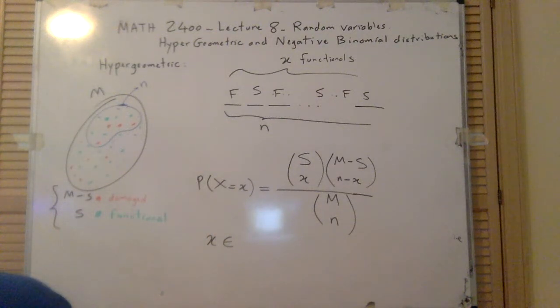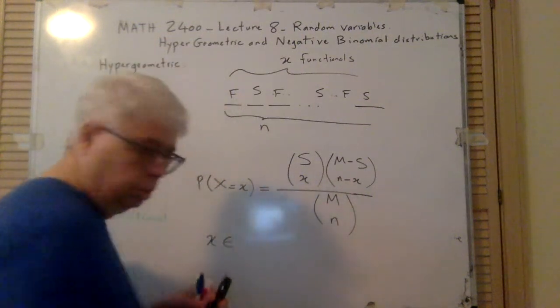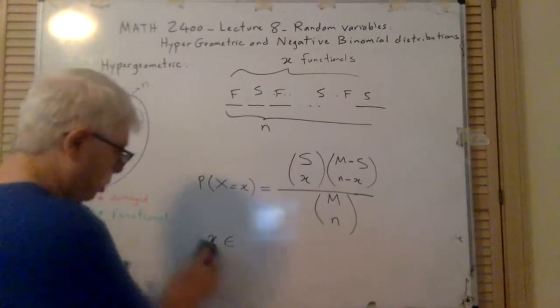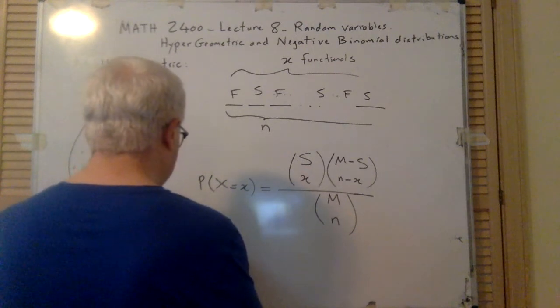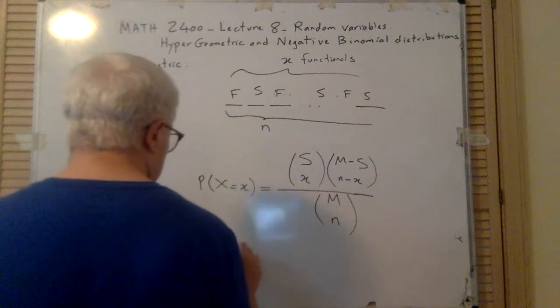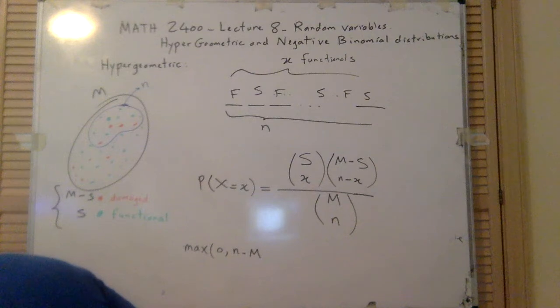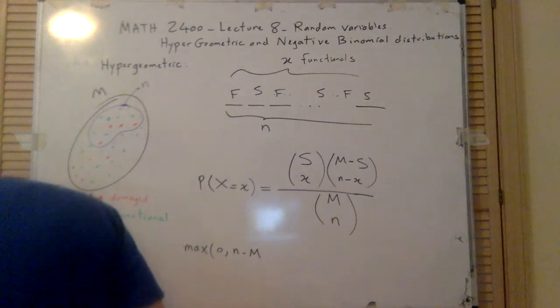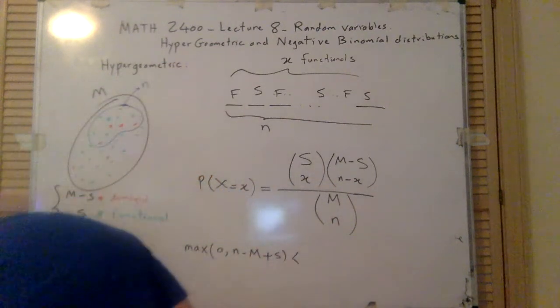Since the book is using some different notation, let's write it like this because it has maximum something. x belongs to the maximum of 0 and n minus m plus s, and the minimum n.